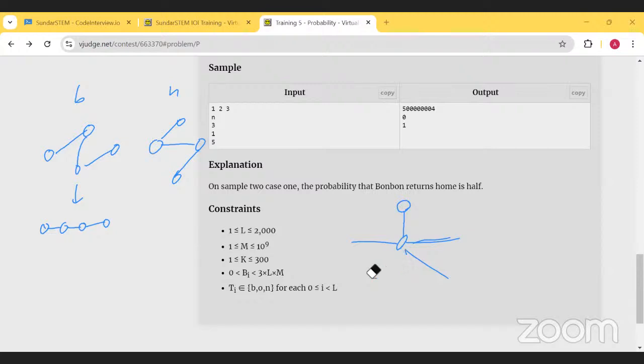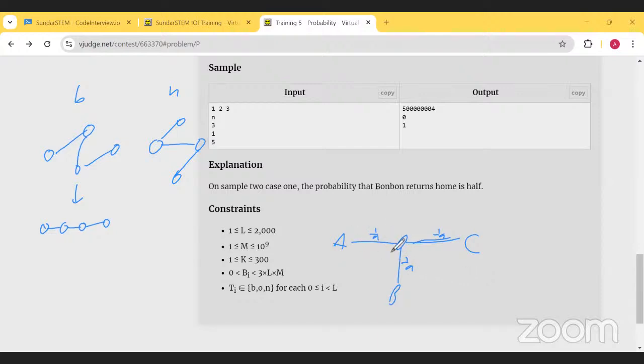So let's say there are 3 other roads here. So the probability will be just a quarter for each node. But we know one of them is a dead end. So after we go there, we will go back here. So what is the probability to go to the A, B, and C?